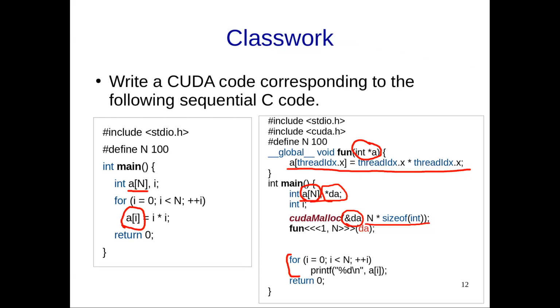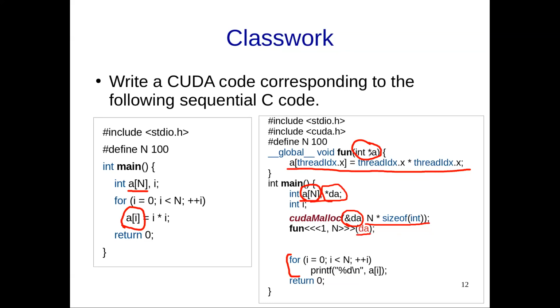Instead, I am doing CUDA malloc and pass ampersand of DA as the parameter. So DA changes after this, and it is pointing to a GPU memory, which is n into size of int bytes long. Okay.